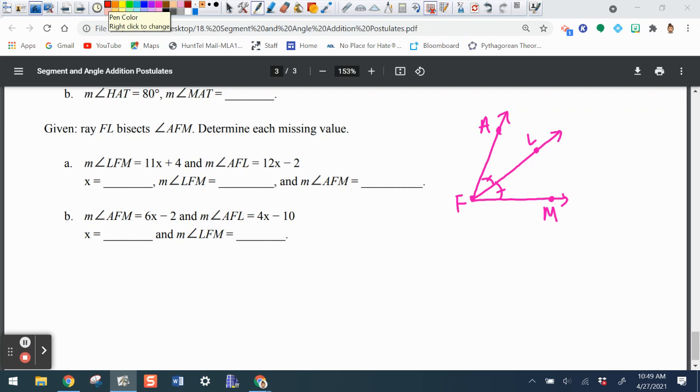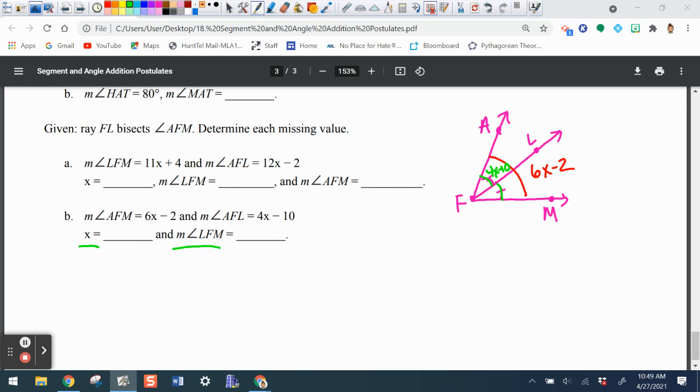So the measure of angle AFM, this larger angle here, is represented by 6x minus 2. AFL, use a different color, AFL is represented by 4x minus 10. And they don't tell us anything about LFM, but we do know something about it. And so we're asked to find x and the measure of angle LFM.